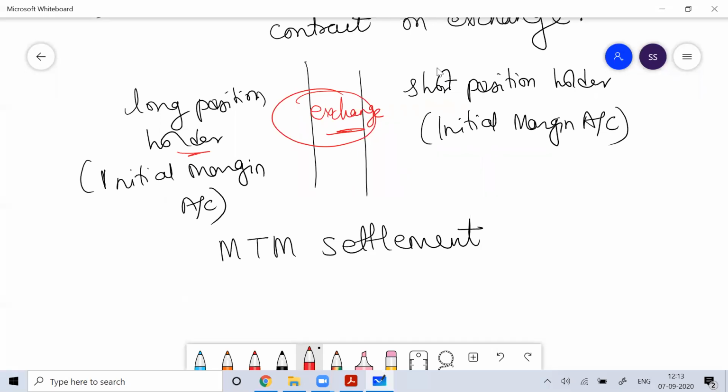When you talk about futures and options, they trade over the exchange, and their terms and everything are decided by the exchange. For financial derivative instruments and commodity derivative instruments, we have 1 month, 2 month, and 3 month contracts.